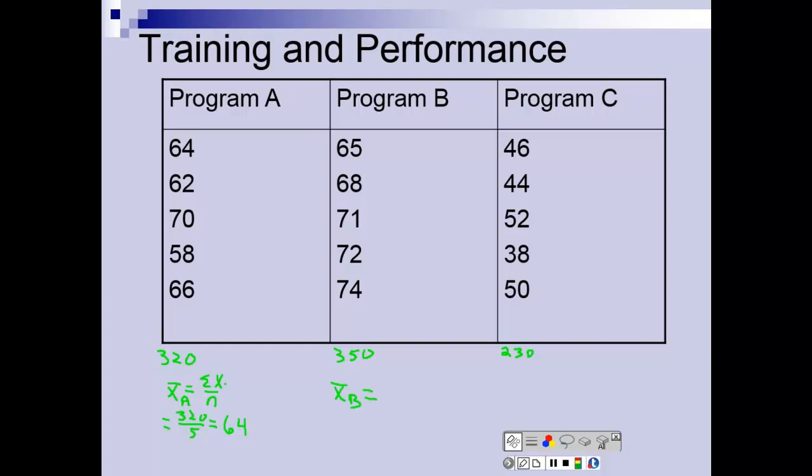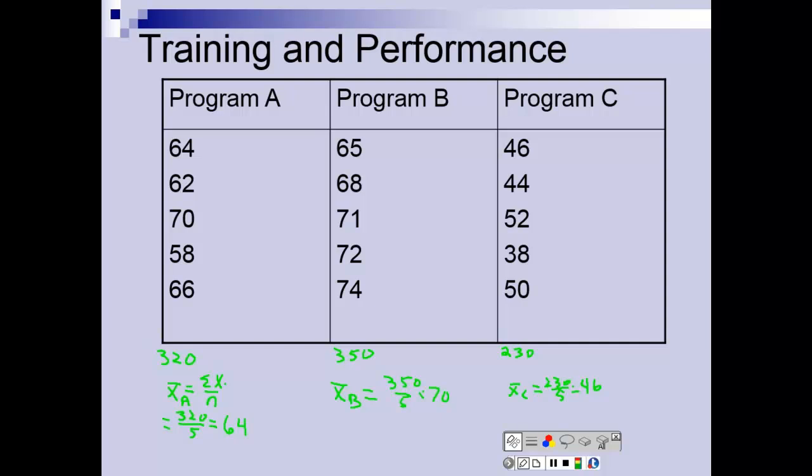I've already done it once. 350 divided by 5 is equal to 70. And x bar C equal to 230 divided by 5 is equal to 46. So remember in the problem, those were the sample means that we had. So we're just computing the mean of each group.